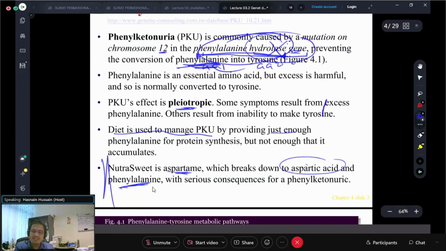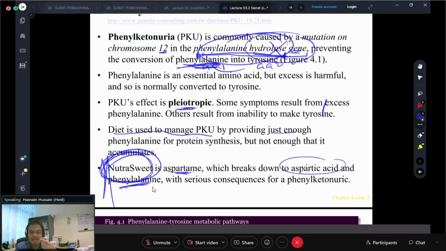All right. Okay. So next time when you go to the supermarket, or sometimes you go to a restaurant that serves coffee with sugar in a sachet, and then sometimes you have an additional one, NutraSweet. You know, you can read there at the back of that sugar substitute.